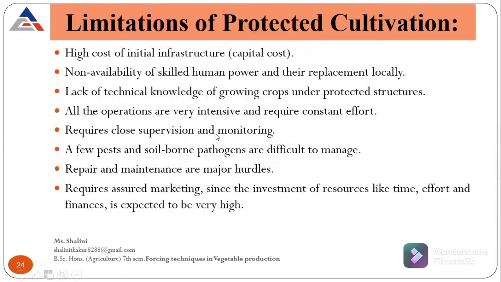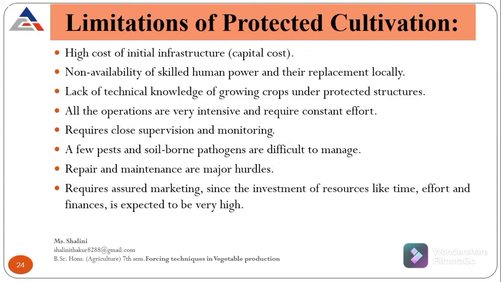Next are the limitations. They are very costly in nature. If you are constructing a glass polyhouse, that is much costlier than a plastic polyhouse. Next, you need skilled manpower for controlling technical problems and managing technical accessories placed in your polyhouses, like automated drip irrigation and automated lights.